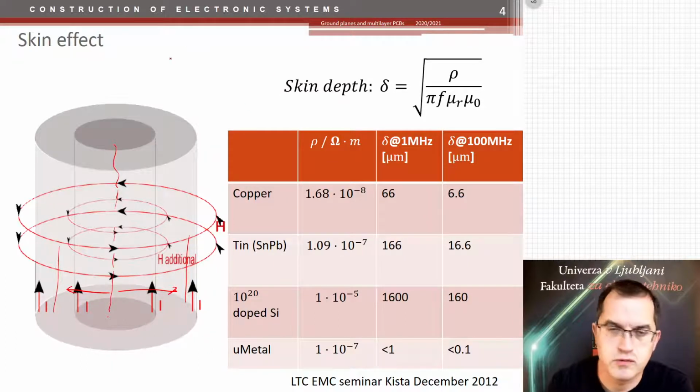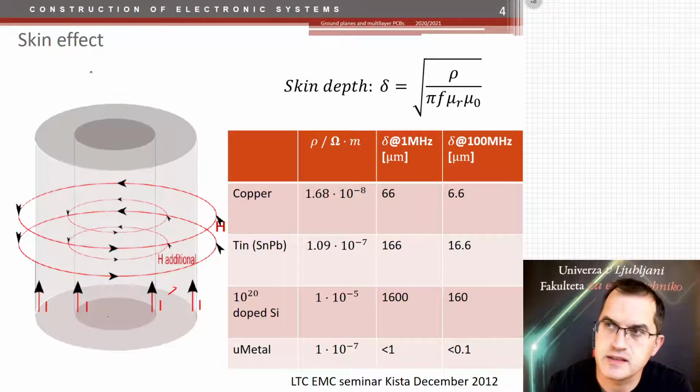To be short and precise, the current that flows on the surface feels less inductiveness. So where does that current flow then? Well, the current flows where it feels the lowest impedance.